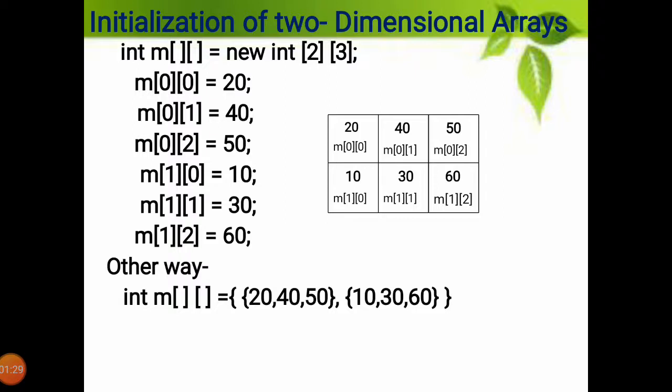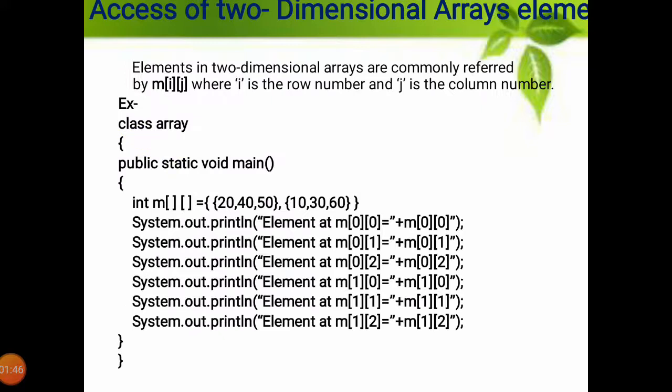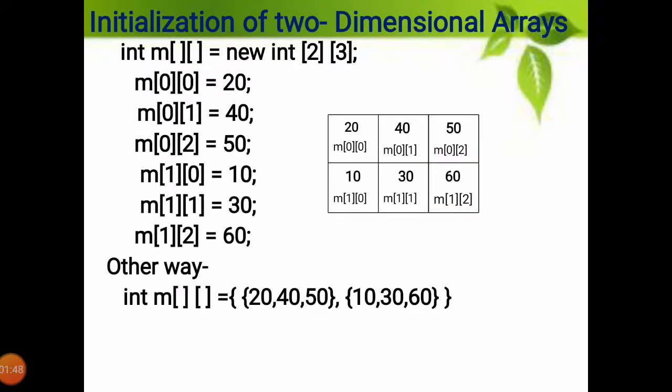In the second way, we can initialize the two-dimensional array at the time of declaration. Here I supplied all the values at the time of declaration. See this array. I have taken two sets of values within two curly braces.